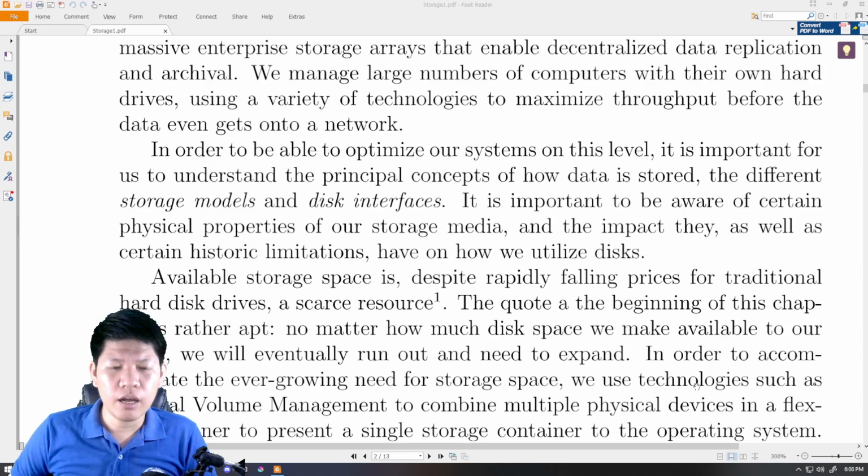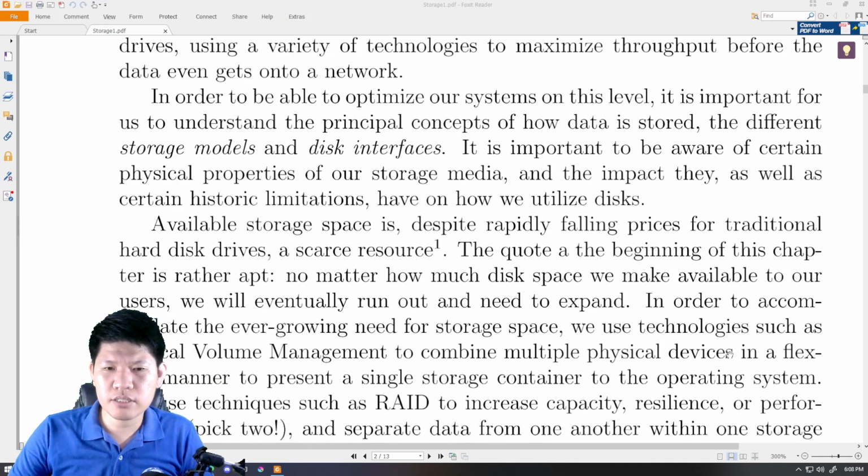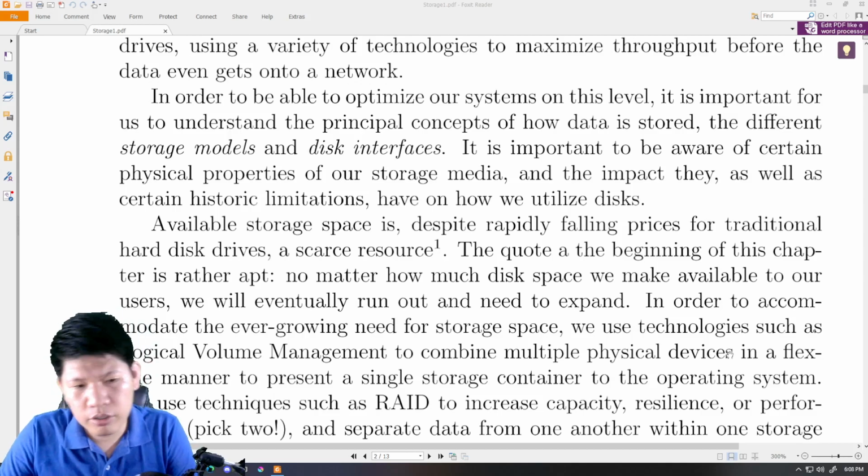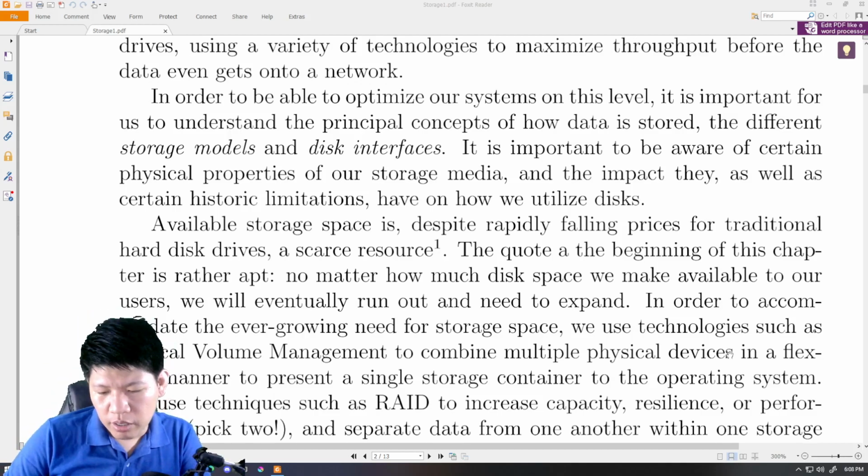When we talk about available storage space, despite the rapidly falling price of traditional hard drives, it is a scarce resource. I don't know if you're familiar with how hard drives are being used in crypto.